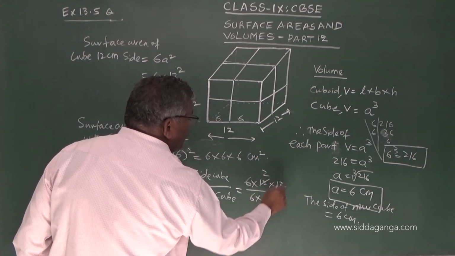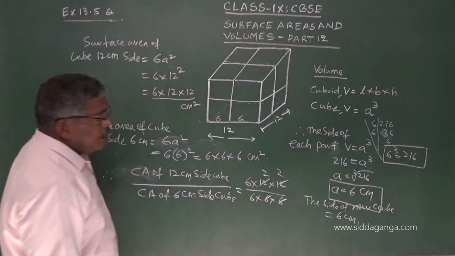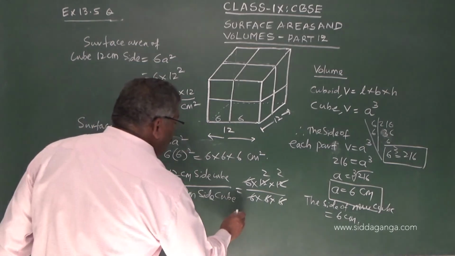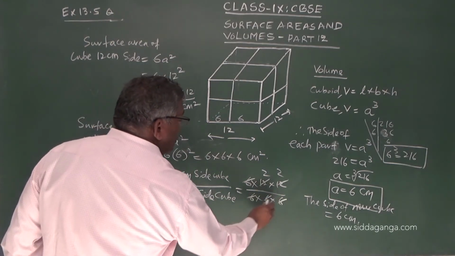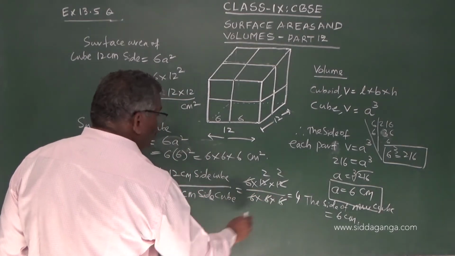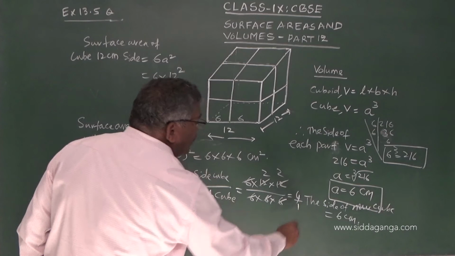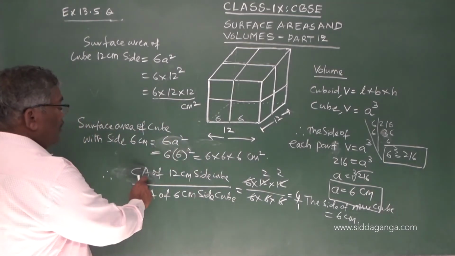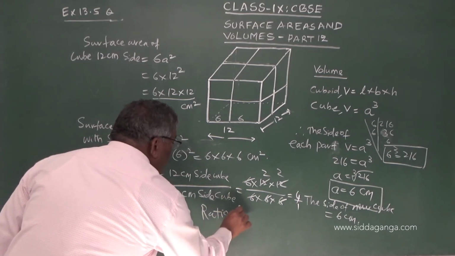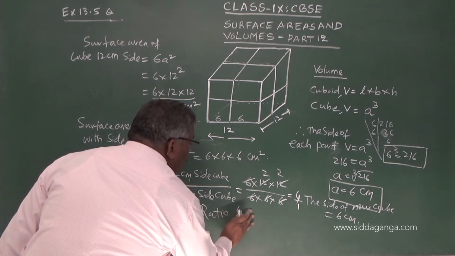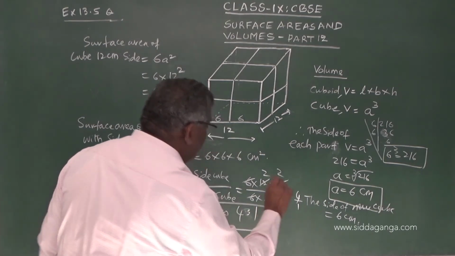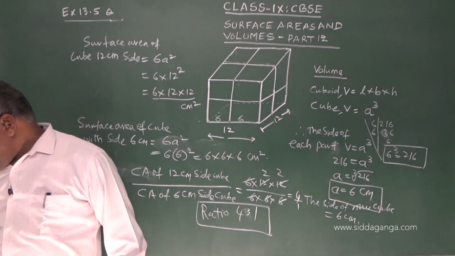The 6s get cancelled. You will get 4. Therefore, the ratio is 4:1. So the surface area ratio is 4:1.